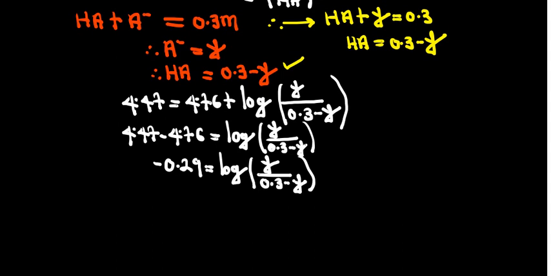I know this log has a base of 10. So to remove the log, I'm just going to say Y over 0.3 minus Y is going to be equal to 10 raised to the power negative 0.29.